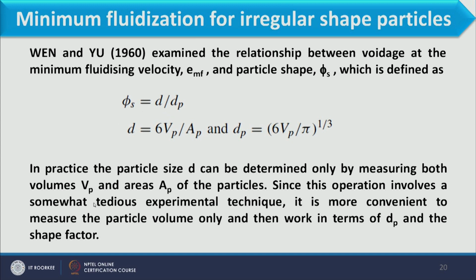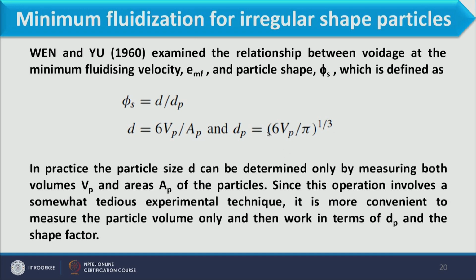Since this operation involves a somewhat tedious experimental technique, because we have to observe two parameters to characterize the particle, it is more convenient to measure particle volume only and then work in terms of dp and the shape factor. So you see dp is only based on particle volume.